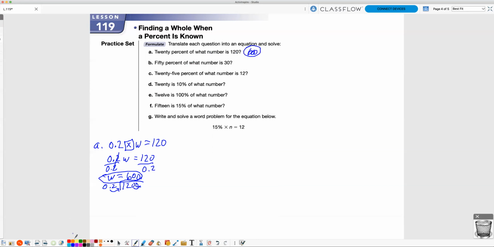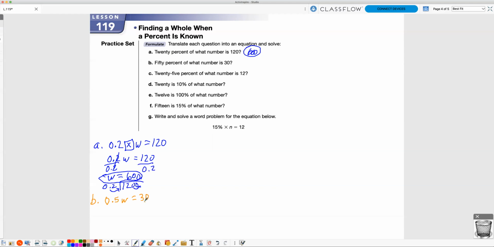And let's do letter B. So if I have 50% of what number is 30? So again, 50% as a decimal of what number, I'm going to use W again, is 30.